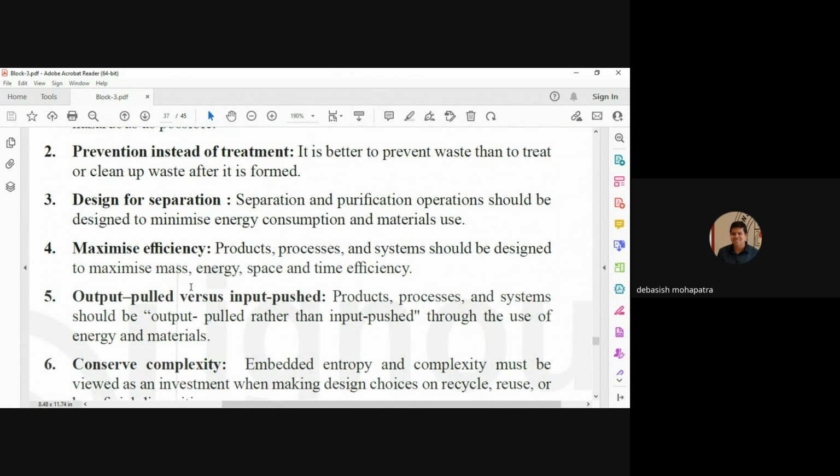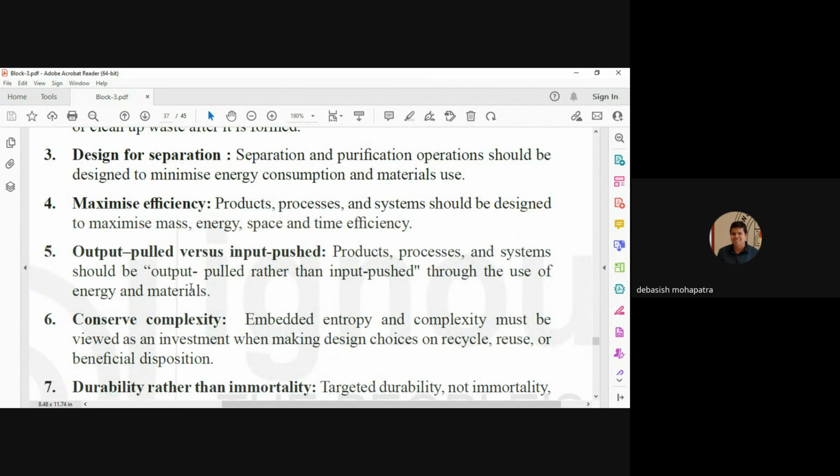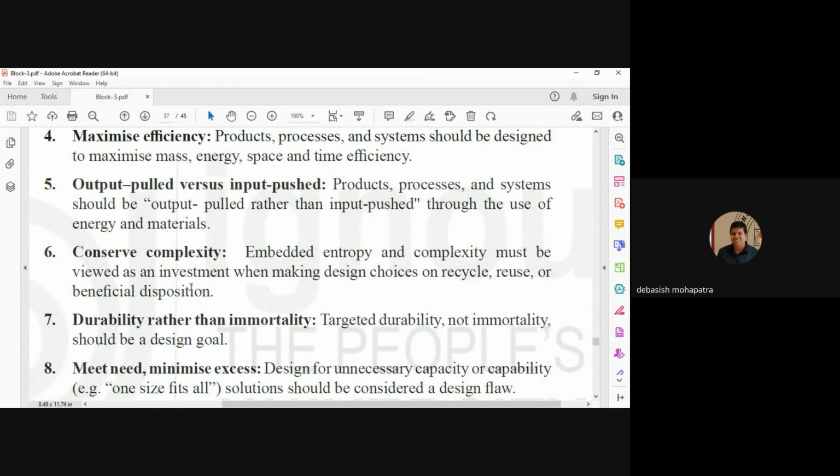Separation and purification operations should be designed to minimize energy consumption and materials use. Maximize efficiency. Products, processes and systems should be designed to maximize mass, energy, space, and time efficiency. Output pull versus input push. Products, processes and systems should be output pulled rather than input pushed.